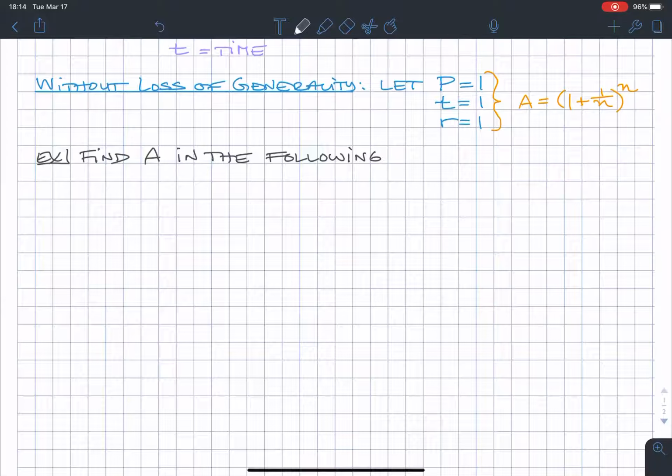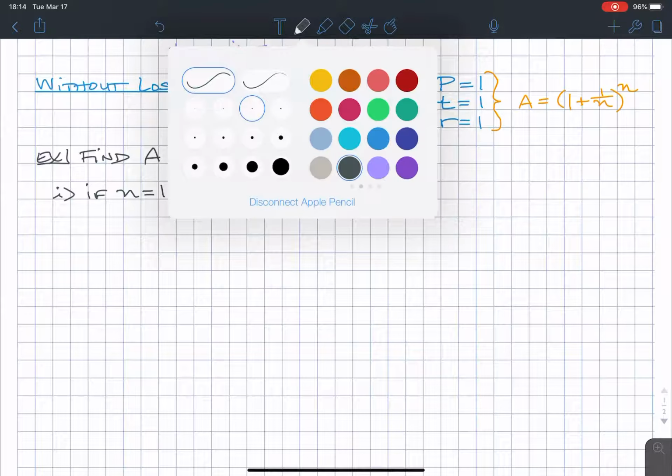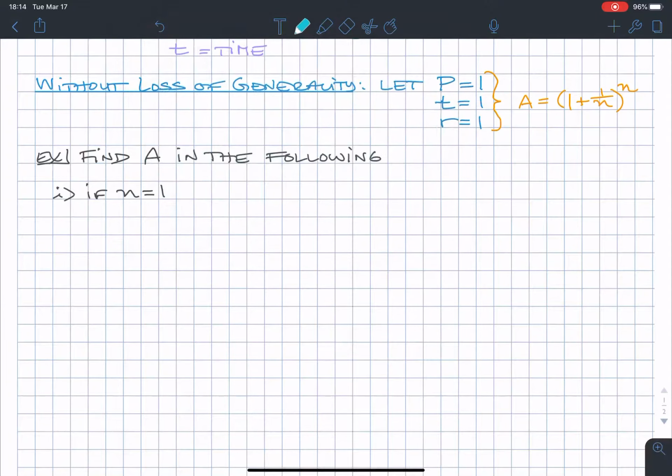Number 1, if n is equal to 1, using the formula above, A will be 1 plus 1 over n.